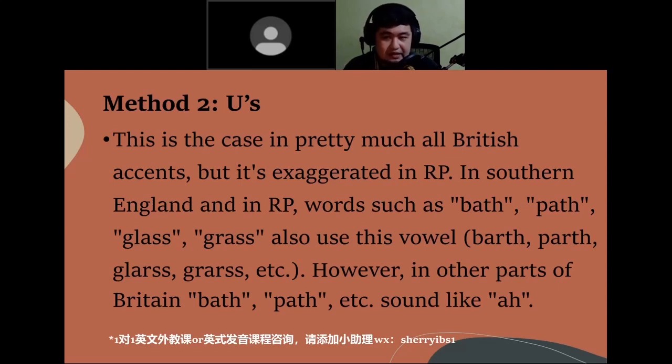In southern England and in RP, words such as bath, path, glass, grass also use this vowel. I've said there are a lot of ways of how they pronounce it, but the RP, which is most accepted, instead of using the A sound, it's bath. In American, it's path, bath, glass, grass, fast.